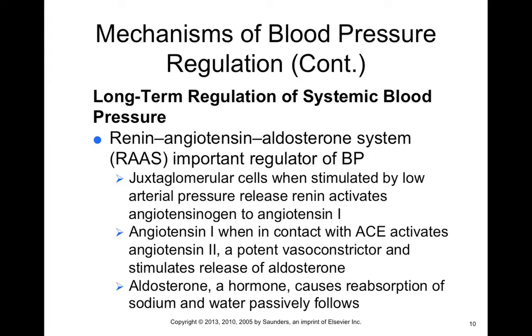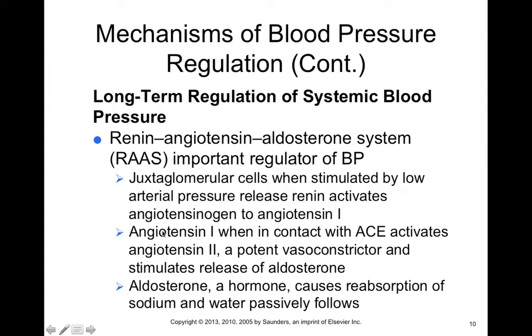Now, what happens is that when blood pressure is too low, the kidneys release a hormone called renin. What renin does is it travels through the bloodstream and converts a precursor hormone called angiotensinogen into angiotensin 1. It's important to note that angiotensinogen is made by the liver, and in the presence of renin, it is converted into angiotensin 1.